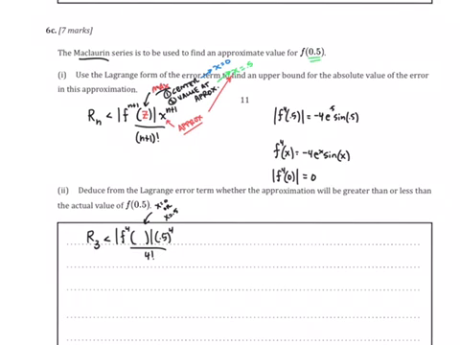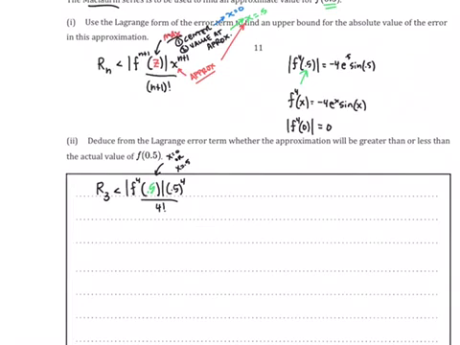So we're going to use, in this case, the approximation value of 0.5 because it will maximize the error. Okay, so this value is whatever that is, and then we're going to multiply it by 0.5 to the fourth, and then divide that by 4 factorial.